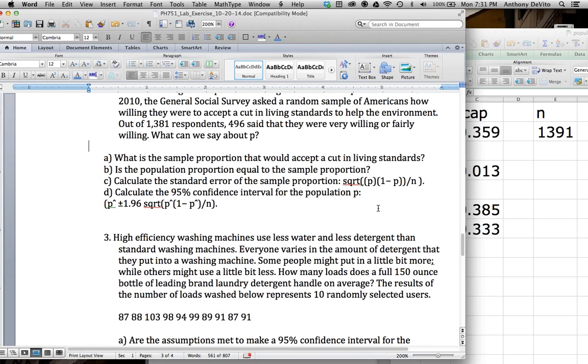Are those two numbers far enough apart that you really know the two means are different enough to say with 95% certainty that the difference is due to a real difference in the performance of the drug, or is it just due to chance? Because if you took a sample of any population twice, you're always going to get one number that's higher than the other. Now, is that difference due to chance, or is it a real difference in the two populations?